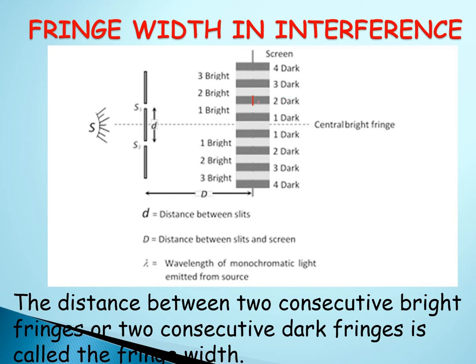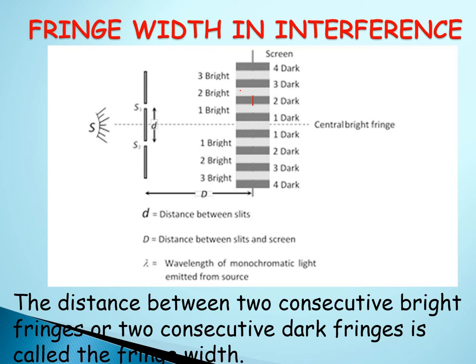Where is this second dark fringe situated? It is situated between the second bright fringe and the first bright fringe. So if we can calculate the distance between these two bright fringes, it's like a sandwich. Dark fringe is sandwiched between the first and second bright fringes.